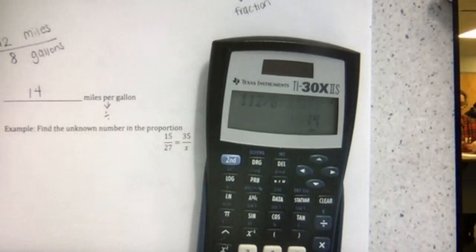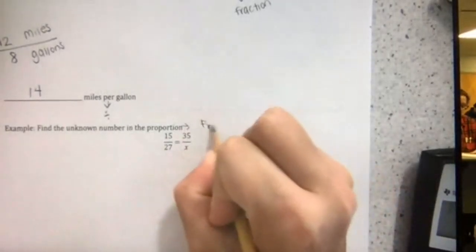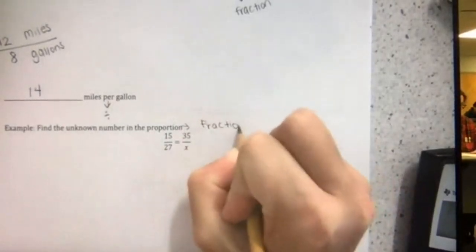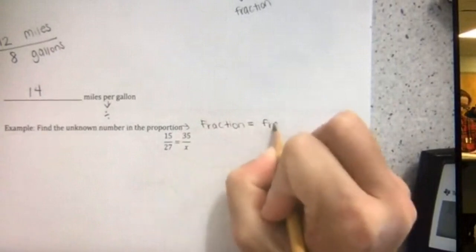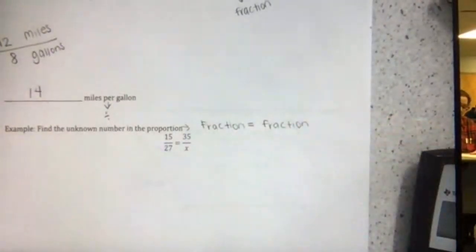The next one says, find the unknown number in the proportion. So proportion is just two fractions that are set equal. A fraction that equals another fraction.